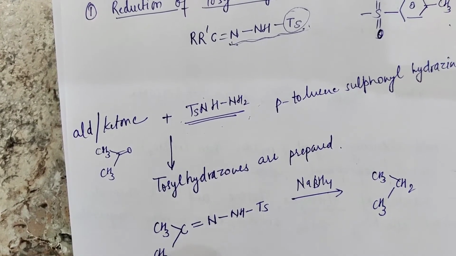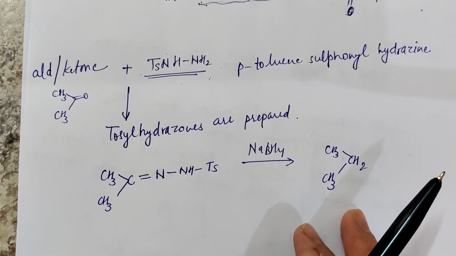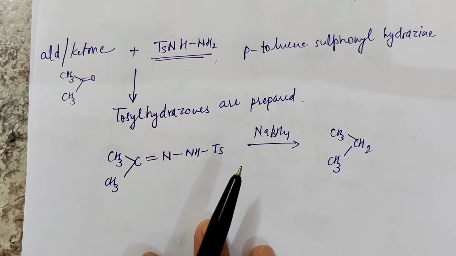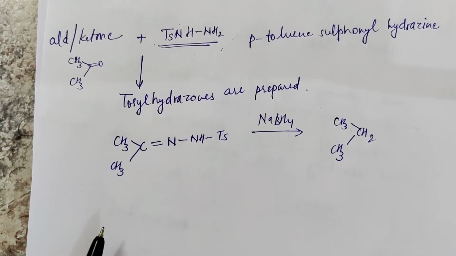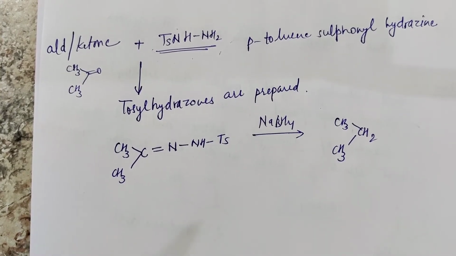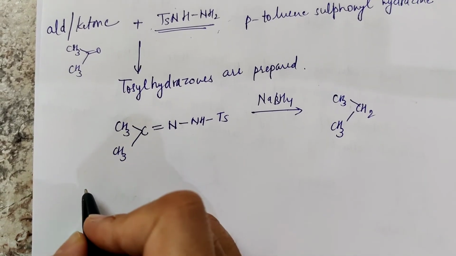So this is the simplest reaction which can be carried out using tosyl hydrazone, but it is mainly used to remove the carbonyl groups from the ketosteroid.